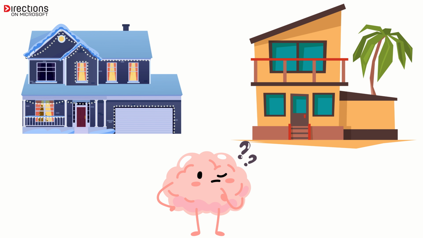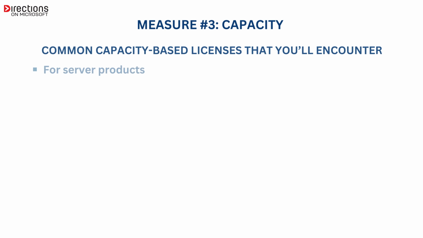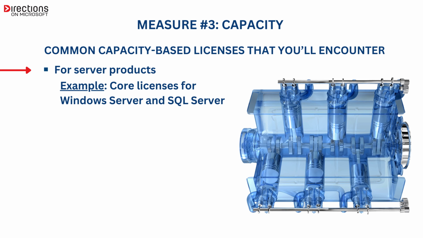Of course not. What about some examples of Microsoft products licensed by capacity? The first capacity-based licenses Microsoft introduced were for two server software products, Windows Server and SQL Server. For these two products, Microsoft measures capacity based on the number of cores within the physical server's computer processor chips.